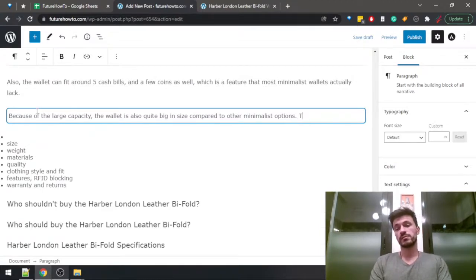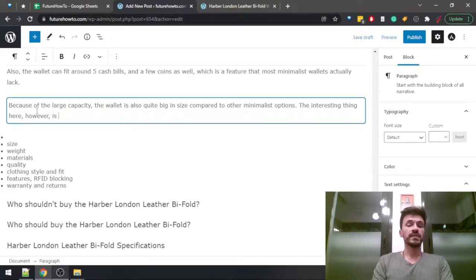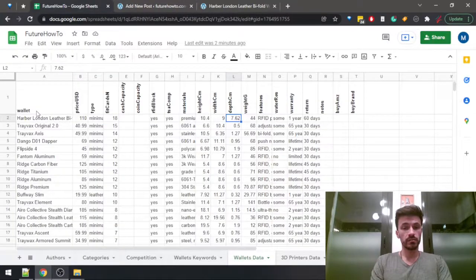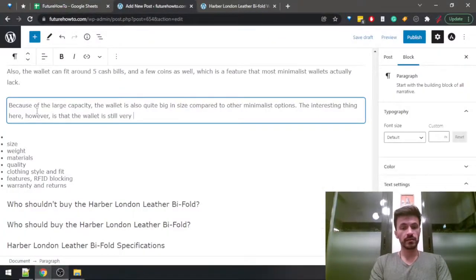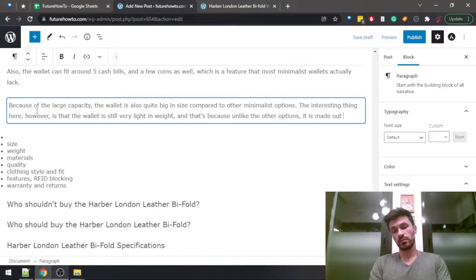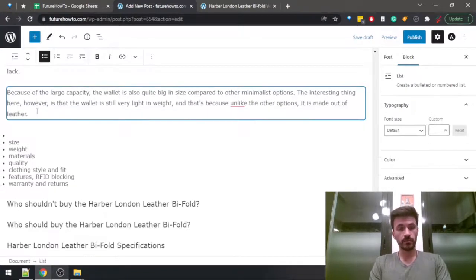The interesting thing here, however, is that the wallet is still very light in weight, and that's because unlike the other options, it is made out of leather. There we go.